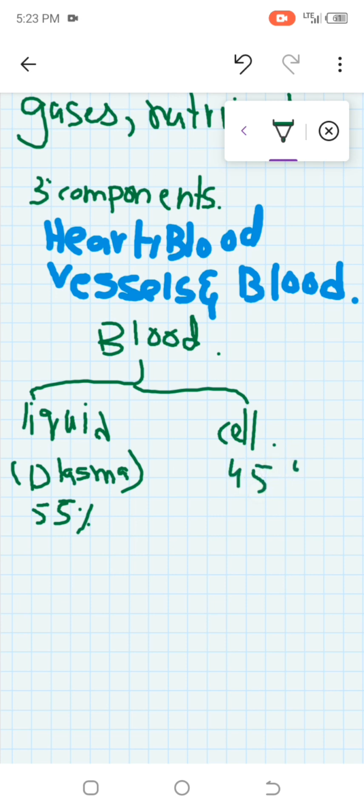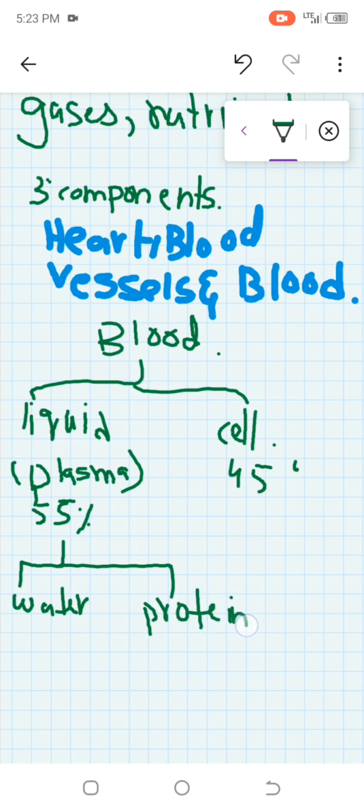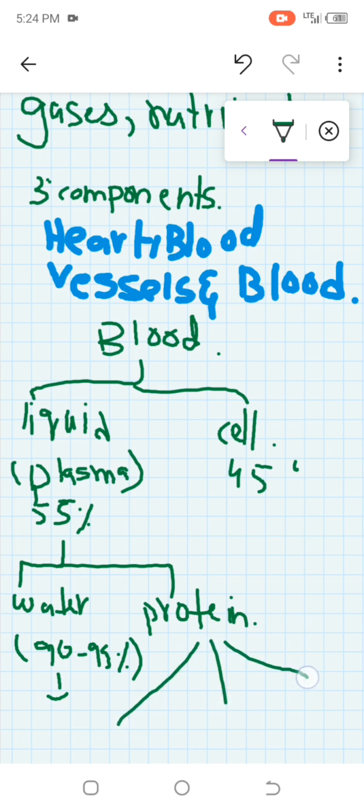Now again, this plasma is divided into two types. One is water and another is proteins. The water makes up 90 to 95%, in which some nutrients and some ions are also present. However, there are three types of protein. Number one, albumin.